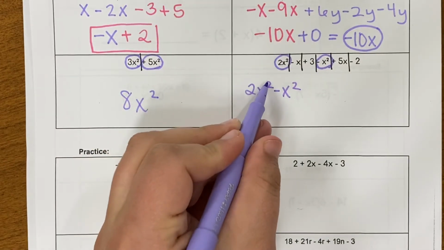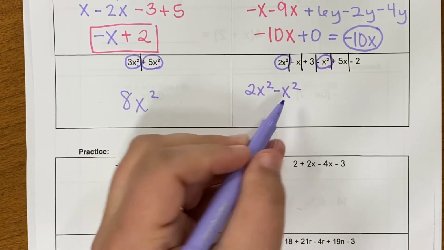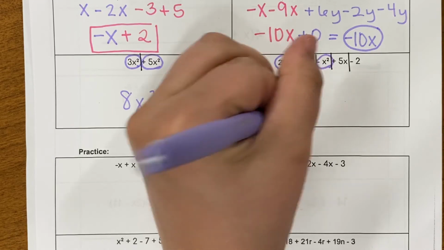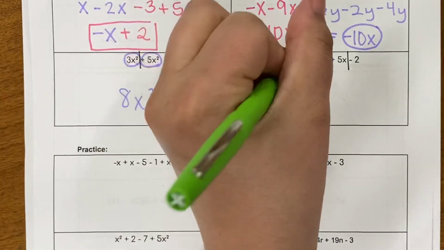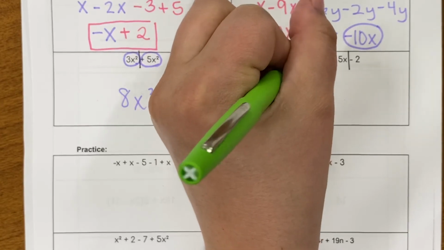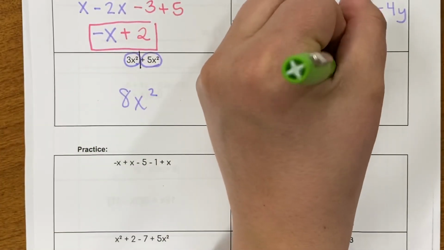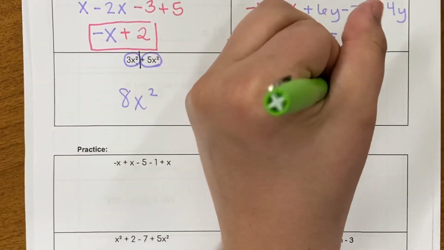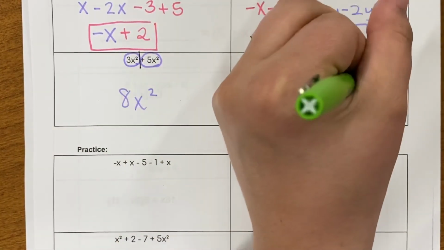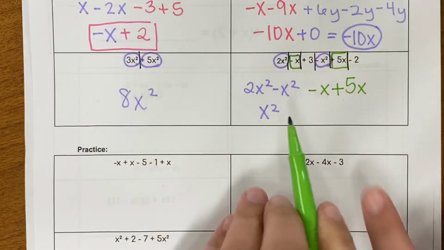If I have 2x squared and I'm taking 1x squared away, I have x squared left over. Next, I'm going to look at my regular x's. I have two terms with an x in there. I have negative x plus 5x.